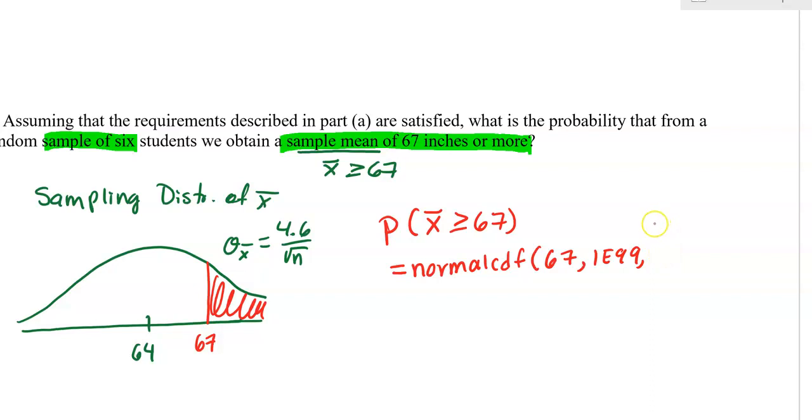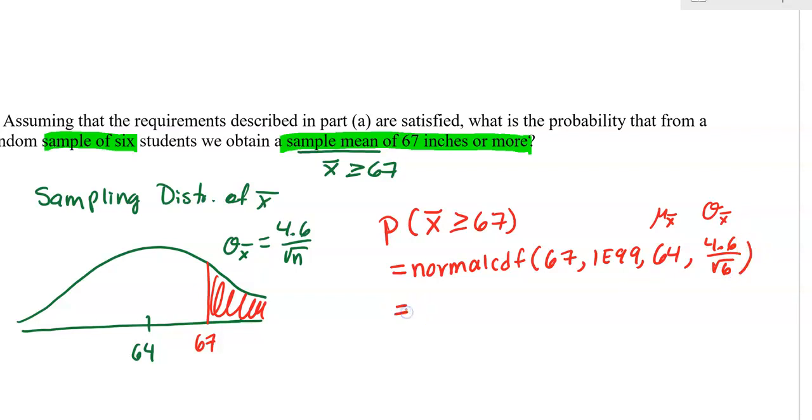Our mean, remember, is the mean of x bar. This is about x bar, so this is 64. And we need the standard deviation of x bar because, again, this problem is about x bar. So it's going to be the 4.6 divided by the square root of n, and it shouldn't just be n, it should be 6 because our sample size is 6, right?